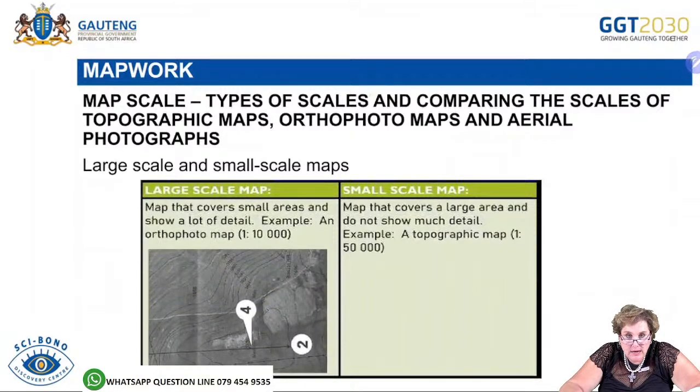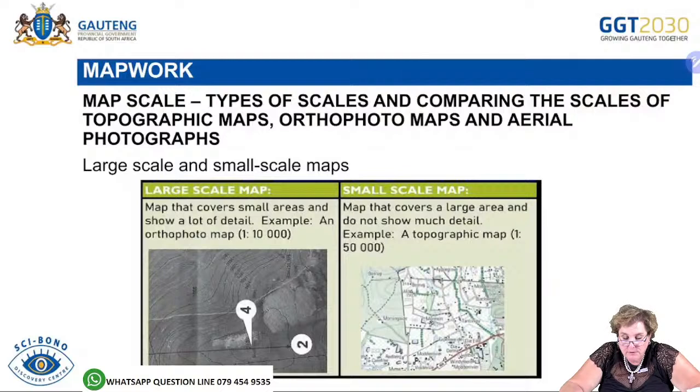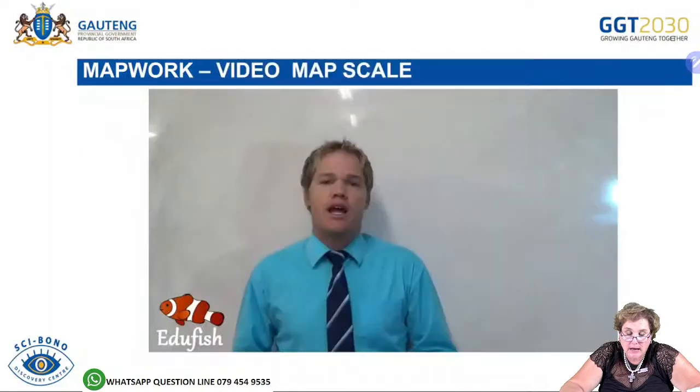It's 1 to 10,000, a large scale map, as it covers a small area and shows a lot of detail, whereas a small scale map covers a large area and does not show much detail. For example, a 1 to 50,000 topographic map. So know the difference between a small scale and a large scale map.